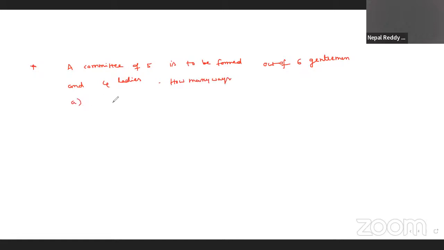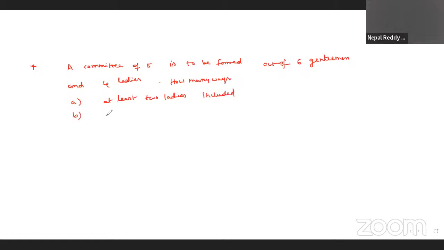Number 1, at least 2 ladies included in the committee. This is the first condition.